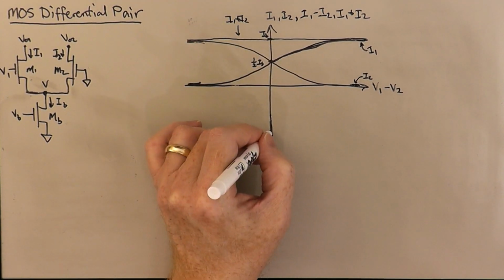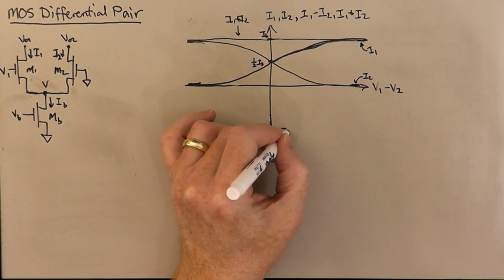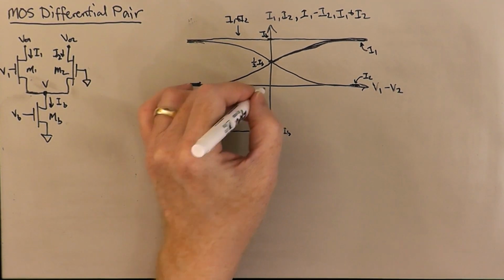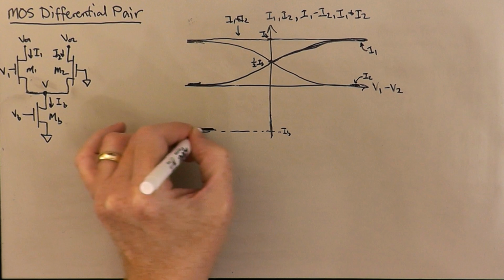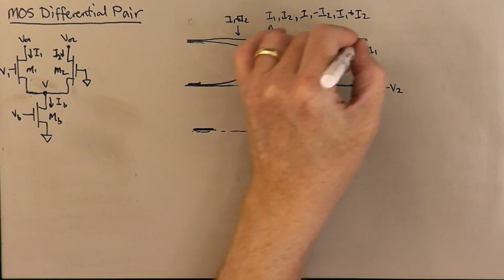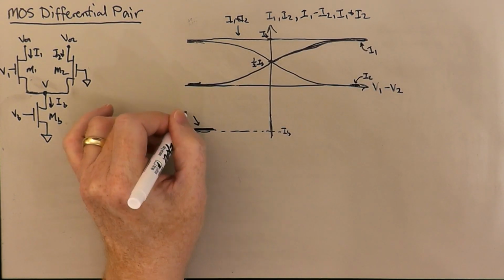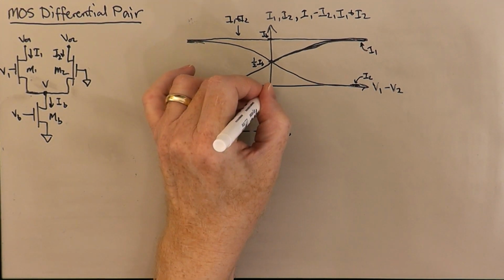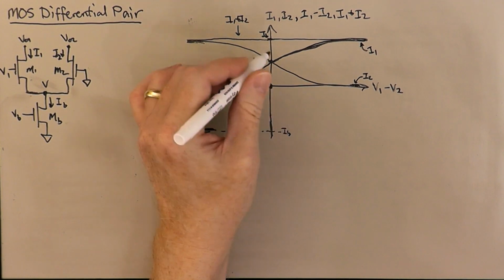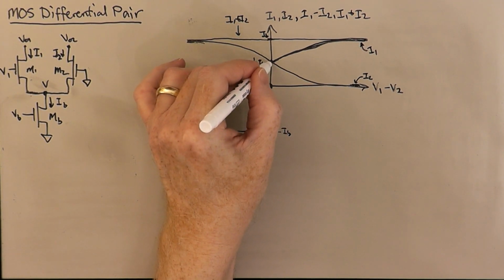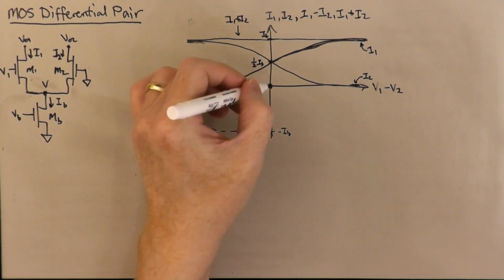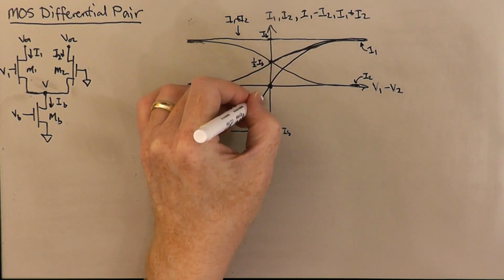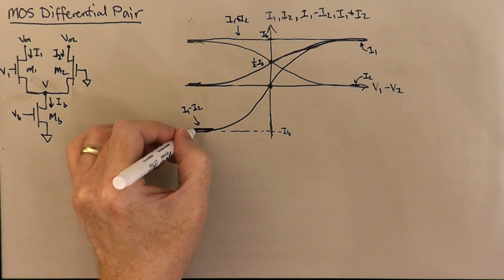So if I make a minus IB down here, I1 minus I2 is going to be down here. We know that I1 minus I2 has to go through 0 at 0 because I1 minus I2 is 0 here. And so it's going to do something like this.